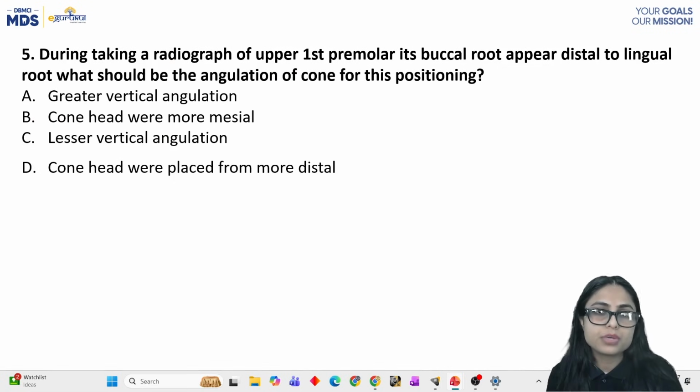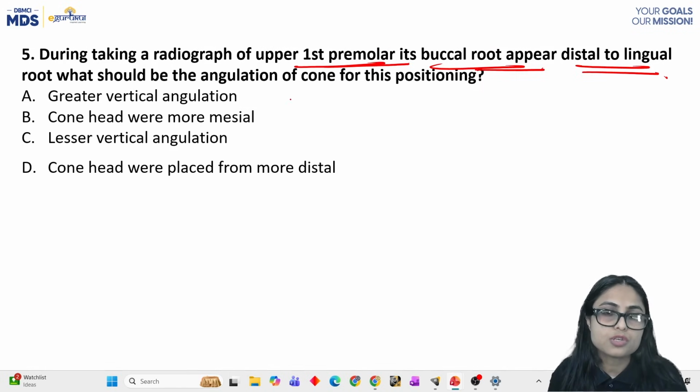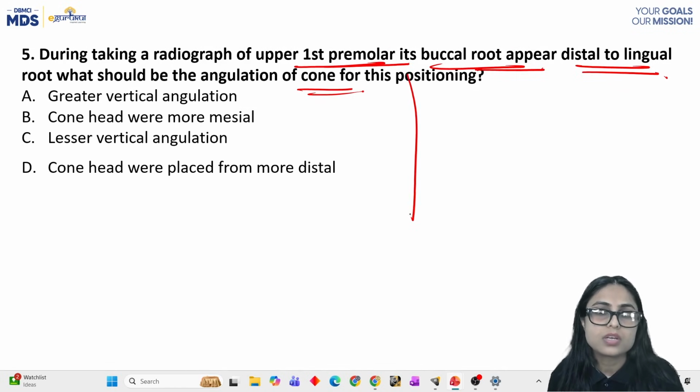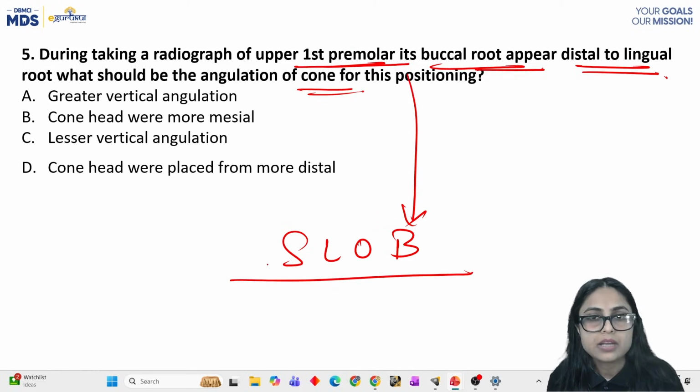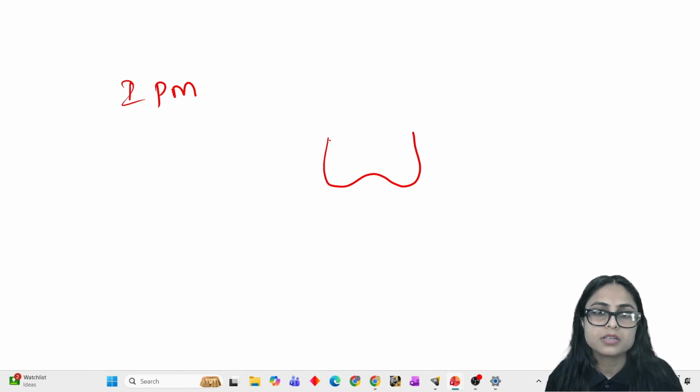Question number 5. During taking a radiograph of upper first molar, its buccal root appeared distal to the lingual root. What should be the angulation of the cone? Very easy, apply the SLOB rule here. They have told us that, let's draw the tooth.